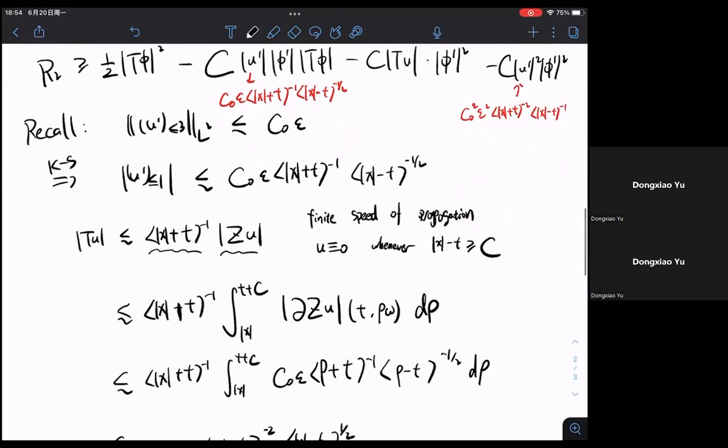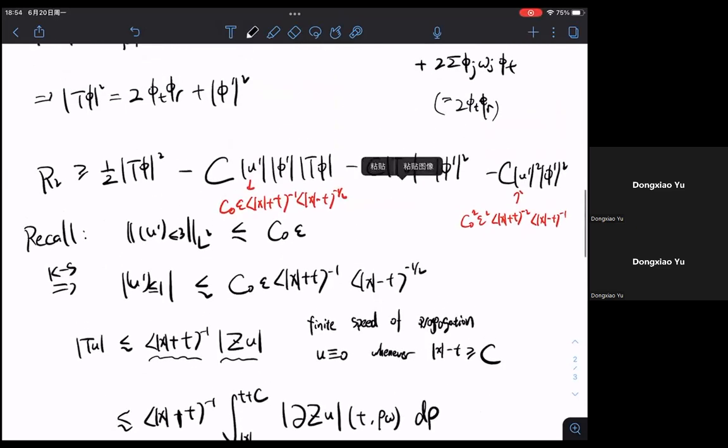So we can now plug this ∂tu bound back into the estimate for R2.